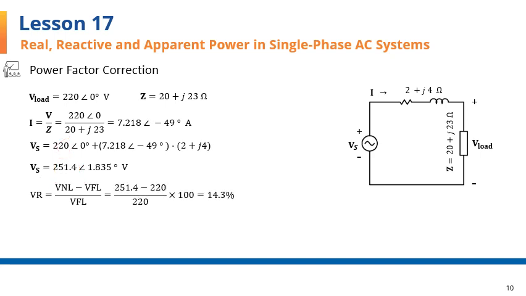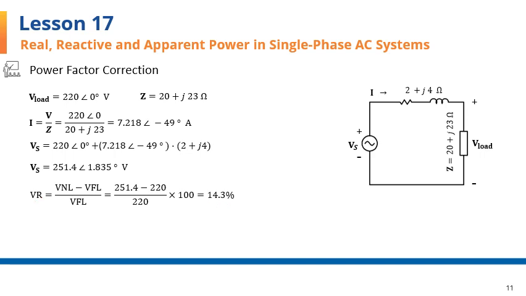Substituting those, we get VR, or voltage regulation, equals 14.3%, which is not a good voltage regulation. Anything above 7 or 8 or 10 is considered to be poor voltage regulation.